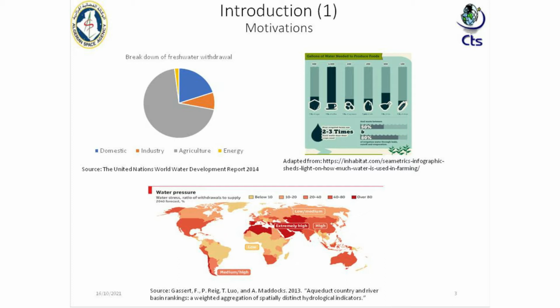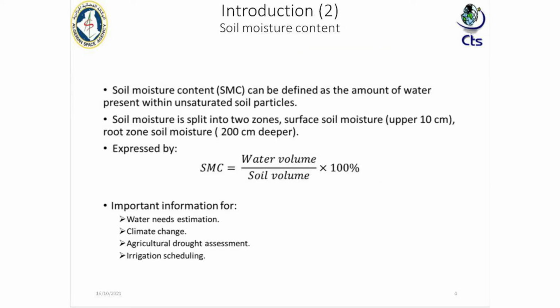And one way to do that is by knowing actually how much water is in those agricultural fields. And in order to do that, we need to observe a very important factor in the hydrological cycle, which is soil moisture. Now, soil moisture content can be defined as the amount of water present within unsaturated soil particles.